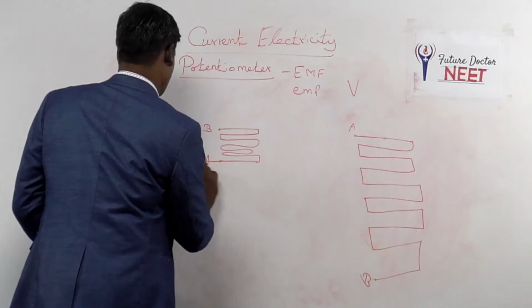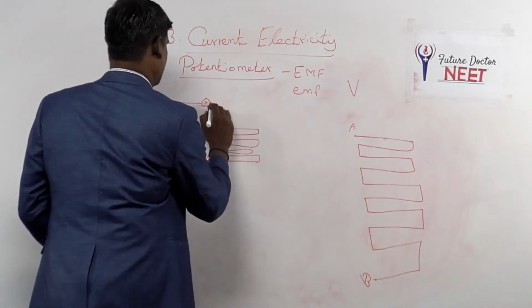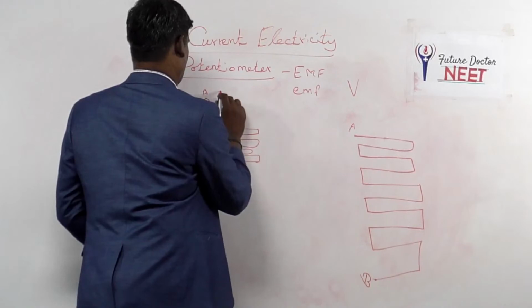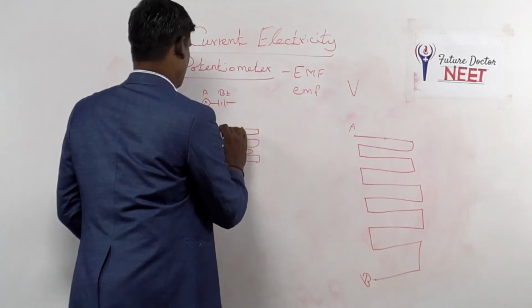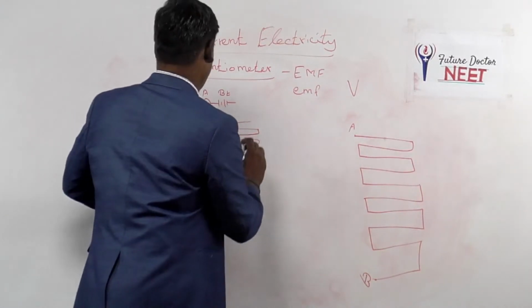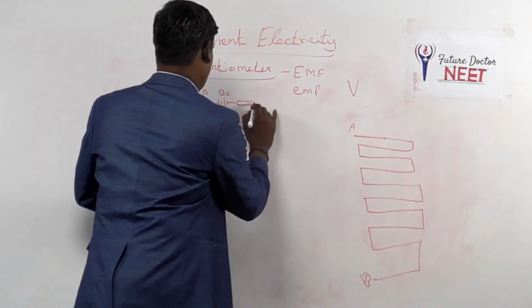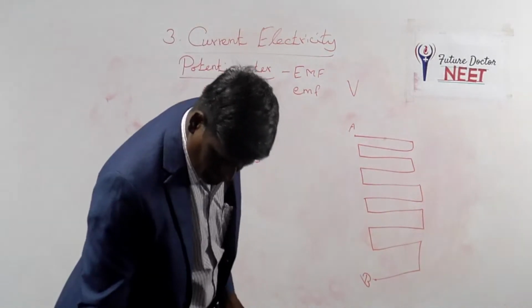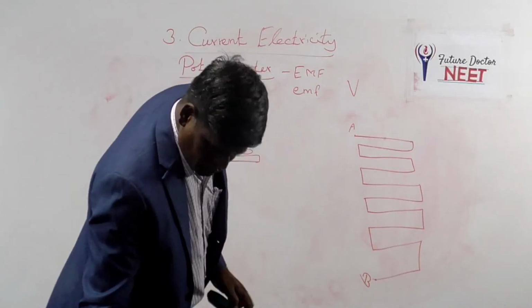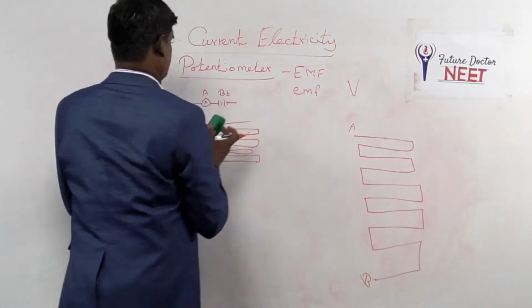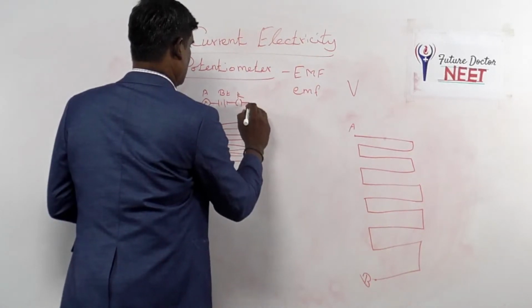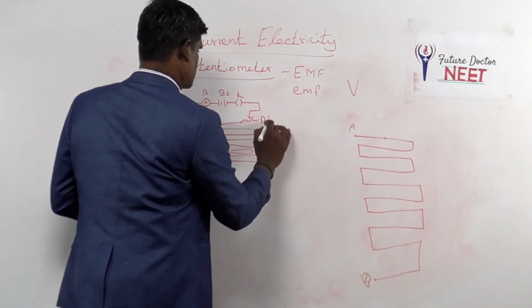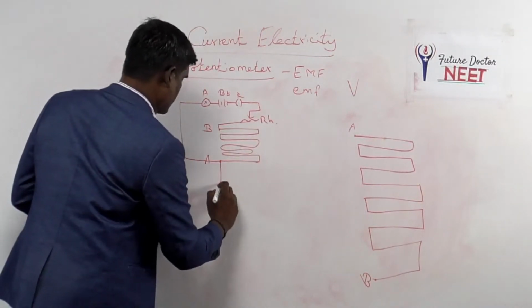From A, ammeter, battery, high resistance, key, rheostat, and from A only, the cells.